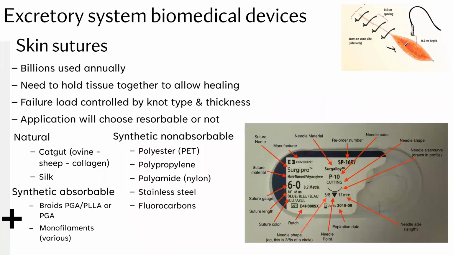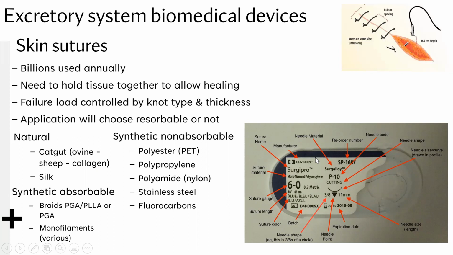So if you look at a standard pack, you'll see that it's usually not just the thread that comes with the suture material, it's sold with the needle included. So the needle and the thread come in a single package. And there are lots of terms here, as you can see, to describe this combination.